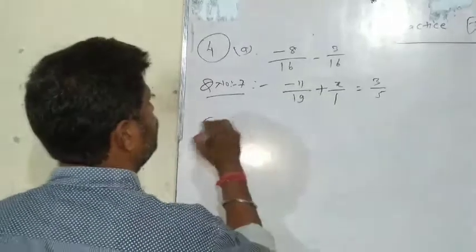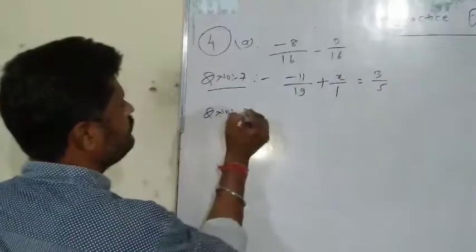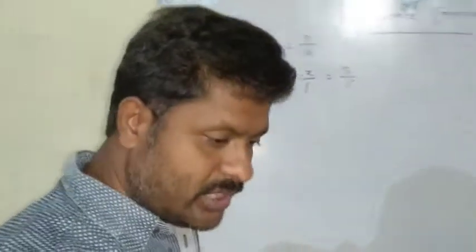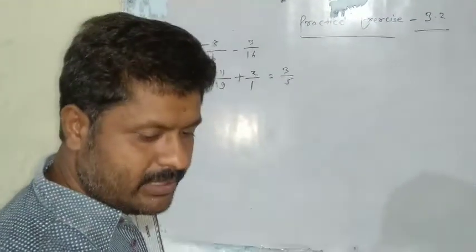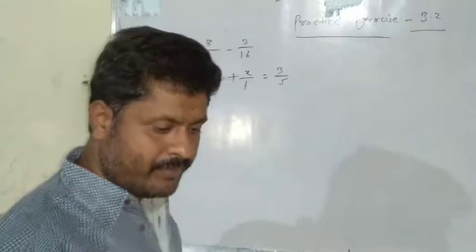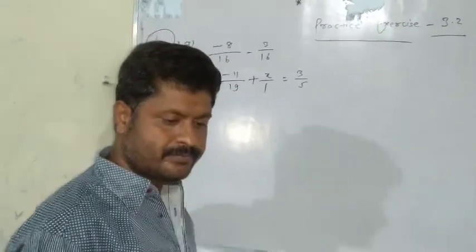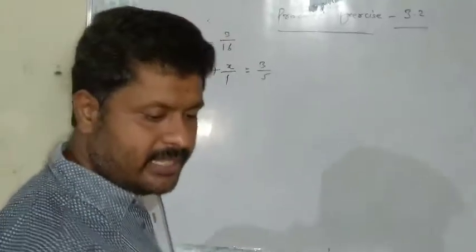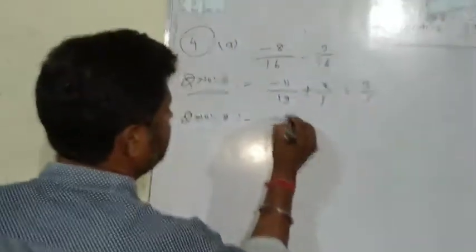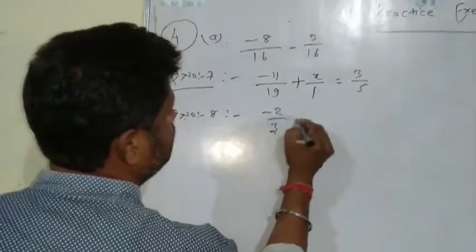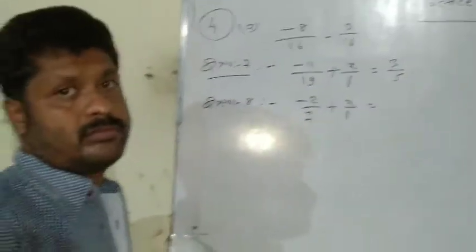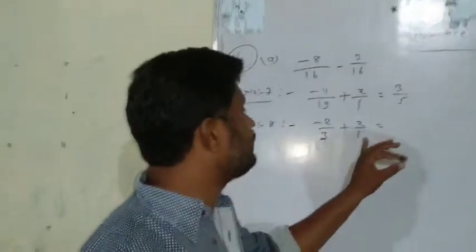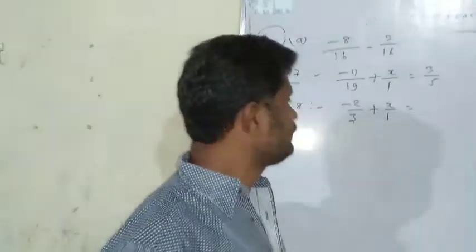Okay. Question number 8. The sum of two rational numbers is minus 7 by 12. If one of the numbers is minus 2 by 3, then find the other. First number is given, minus 2 by 3. But the second number is not given, so this may be assumed x.